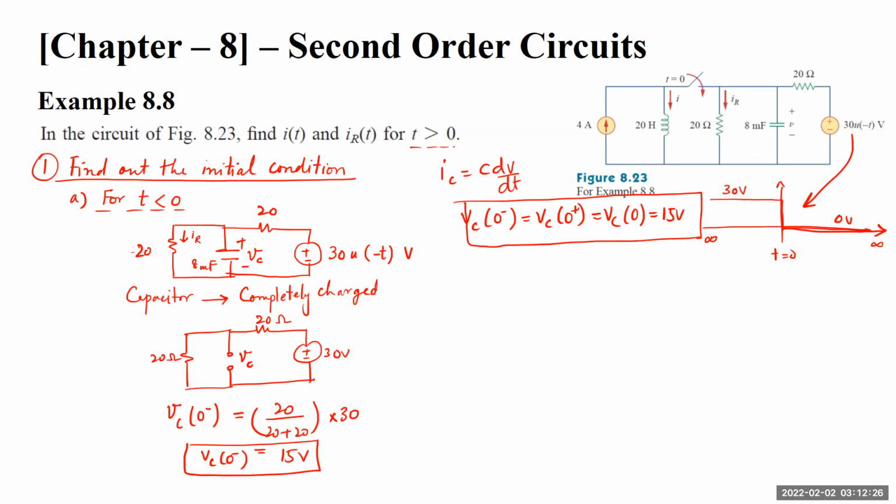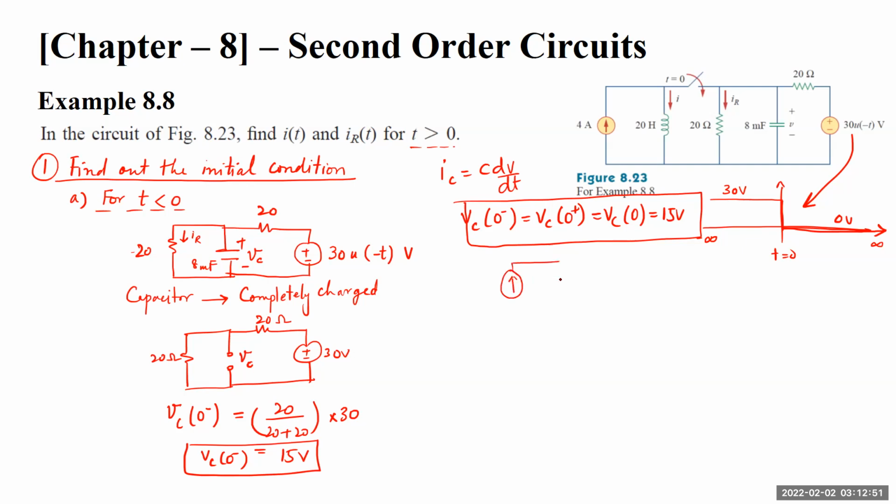So this is our first initial condition for this case. Now we have to find out what is the initial condition for the current in this case. Before time t equals 0, this is half of the circuit, and the other half of the circuit will look something like this.